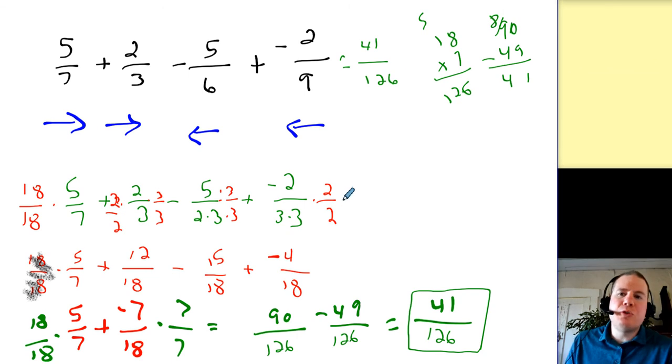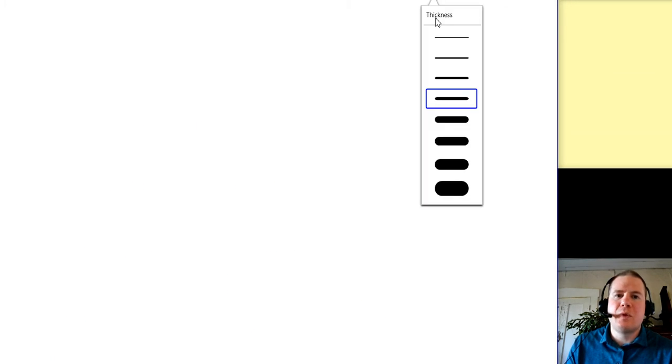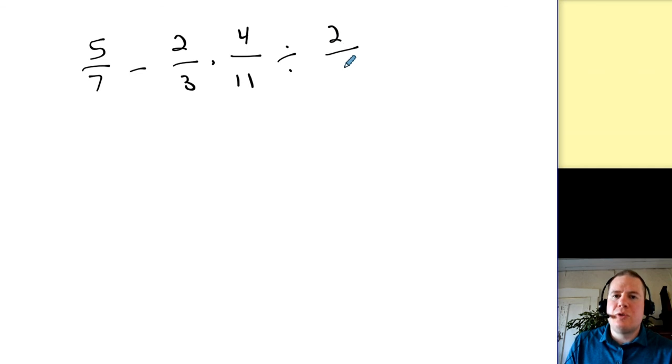I'm tempted to do more examples where we start multiplying and adding and all of that, but you already understand how the operations work with whole numbers. If I take all these numbers here, 5/7 minus 2/3 times 4/11 divided by 2/9 plus 6/15 squared, right?